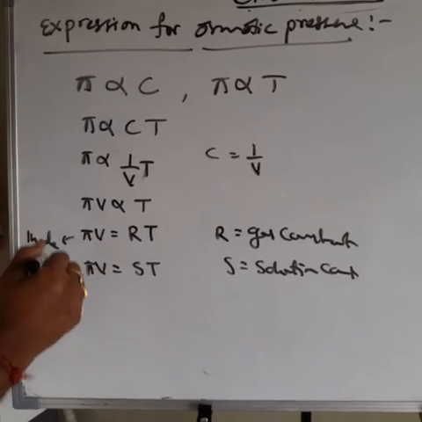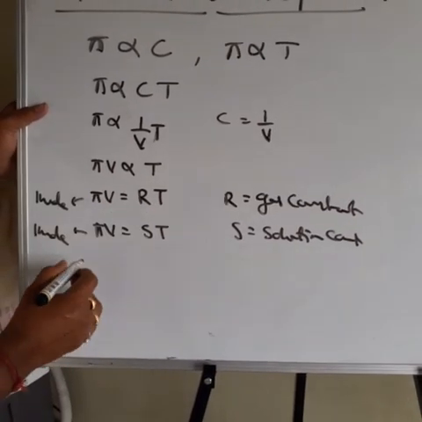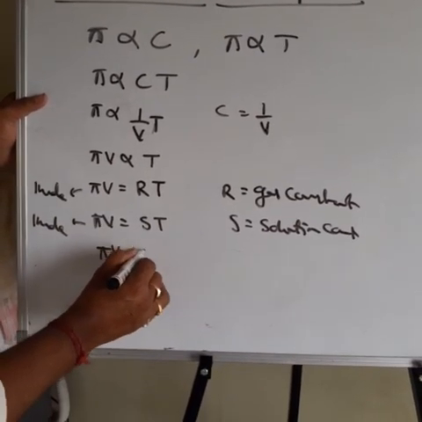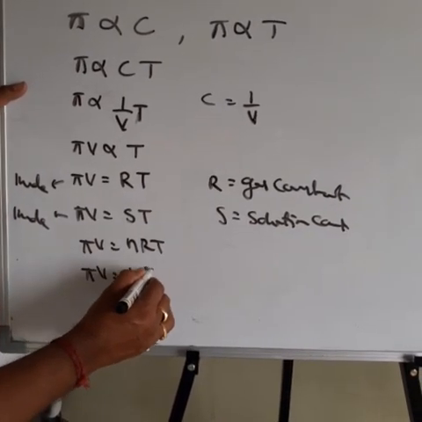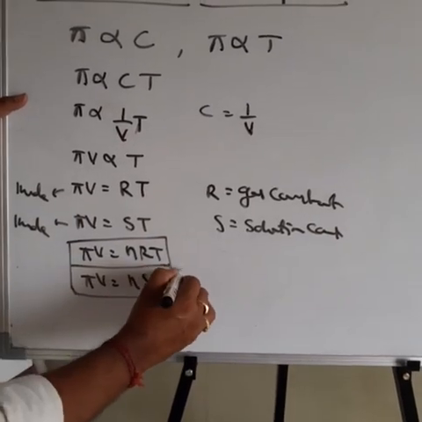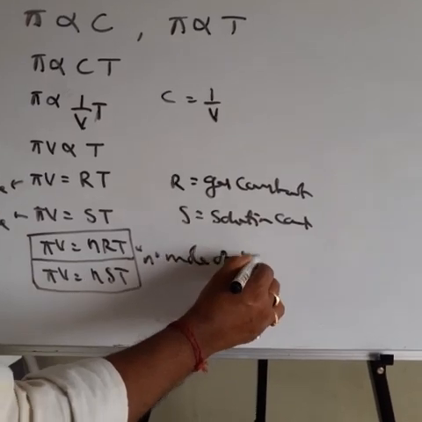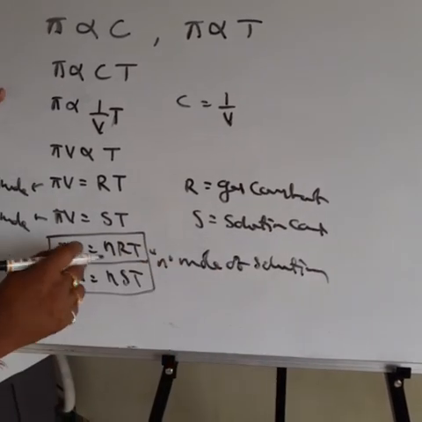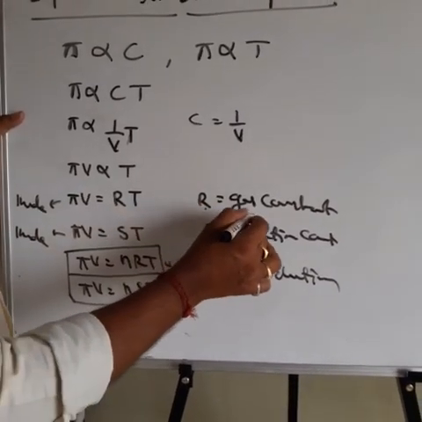For 1 mole of solute. For a solution containing n moles of solute, pi V is equal to n R T, or pi V is equal to n S T. This is for the solution containing n moles of solute. Osmotic pressure: pi V is equal to n R T or pi V is equal to n S T. R and S are both equal.